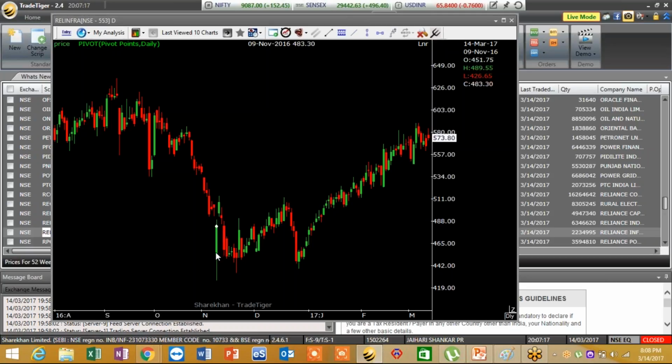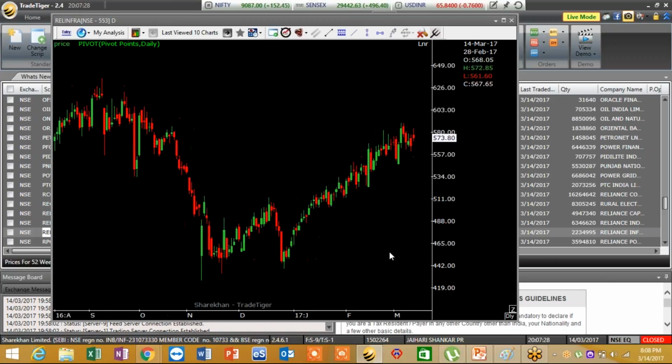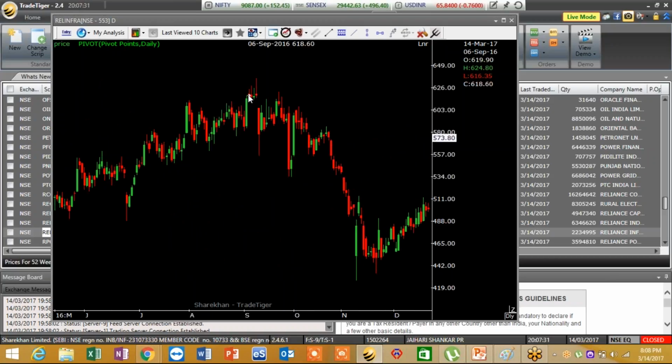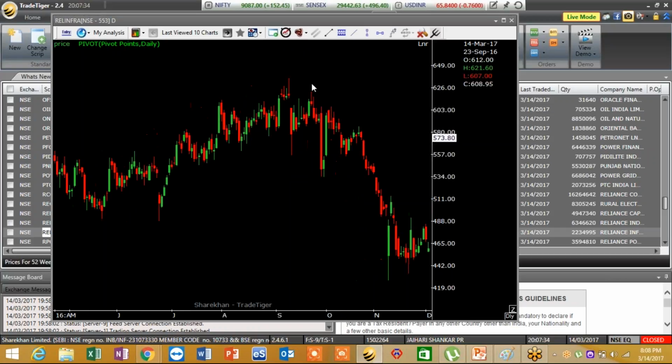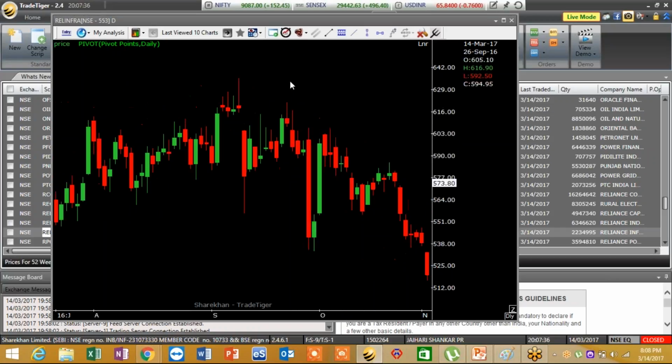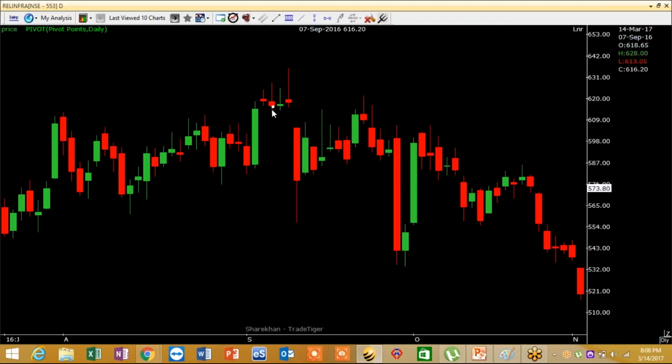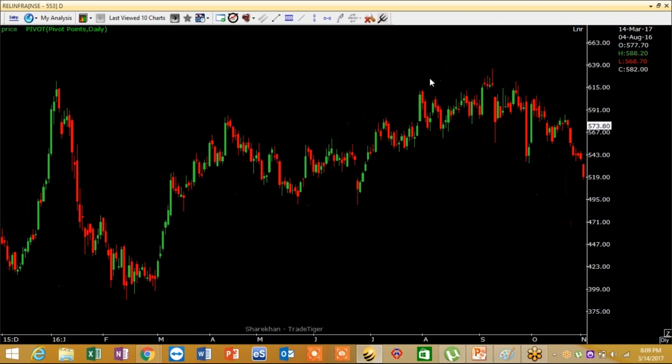This was the lowest low at, sorry, 483. Now it's at 573, nearly 100 points up from November. Okay. And you see here this candle, this was the high with a rejection candle, right? When this happened, that time itself we might have been cautious. When the first one happened, that time itself we might have been cautious. Okay.